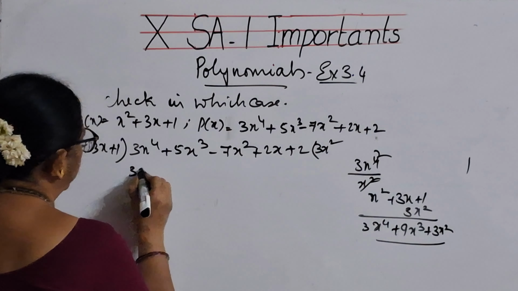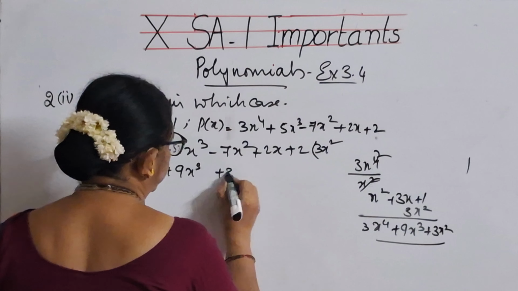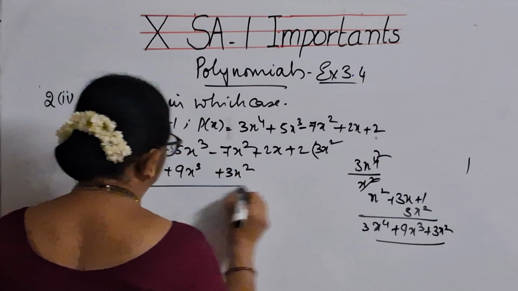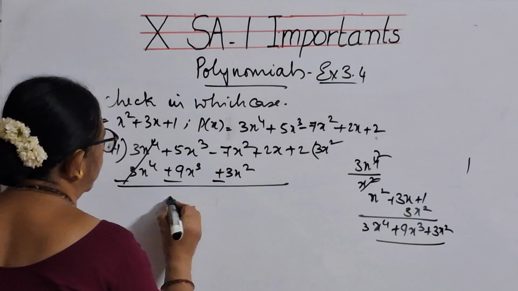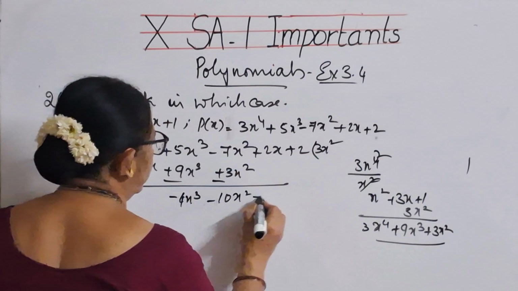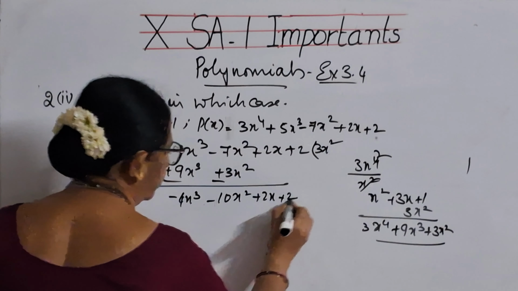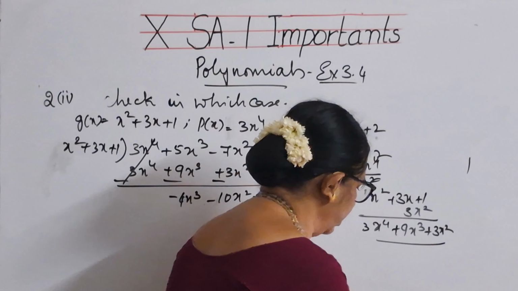So when you are subtracting, the signs will change, and you get minus 4x cube minus 10x square plus 2x plus 2. This is the value that you are getting while dividing.